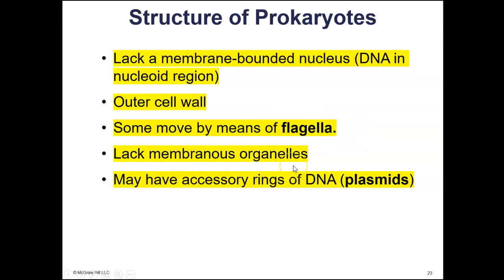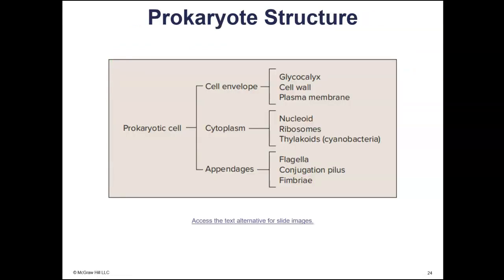All of them lack membranous organelles such as mitochondria, chloroplasts, lysosomes, and endoplasmic reticulum. Those organelles are only found in eukaryotes. And they may have accessory or extra rings of DNA called plasmids that have extra genes located in them.